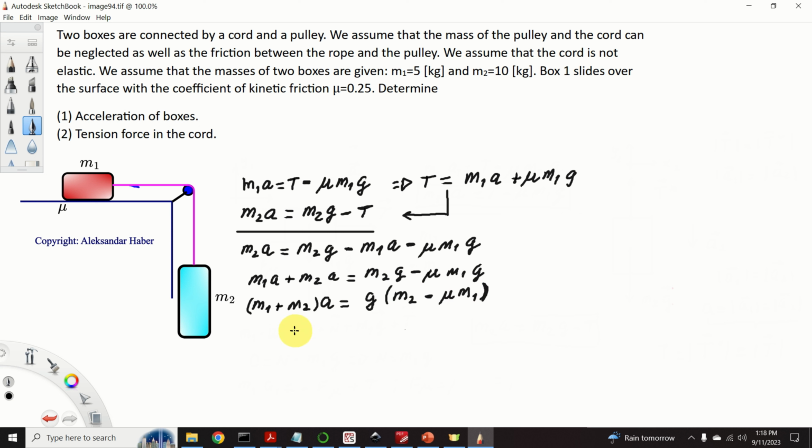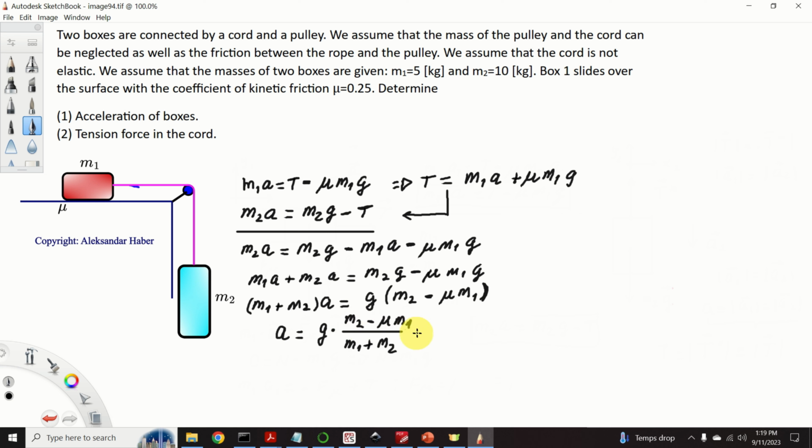Perfect. And finally, the acceleration a is equal to g multiplying this fraction. In the denominator we have m1 plus m2, and in the numerator we have m2 minus mu m1.